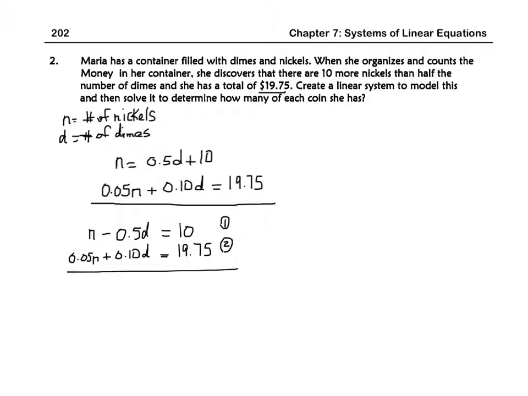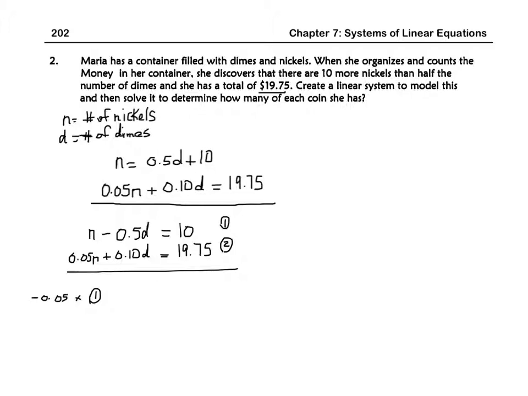So now we have to eliminate one of our variables, and probably the easiest one to eliminate is your n, because all I'd need to do is multiply the first equation by negative 0.05, and then I would have opposite coefficients in front of both n variables.